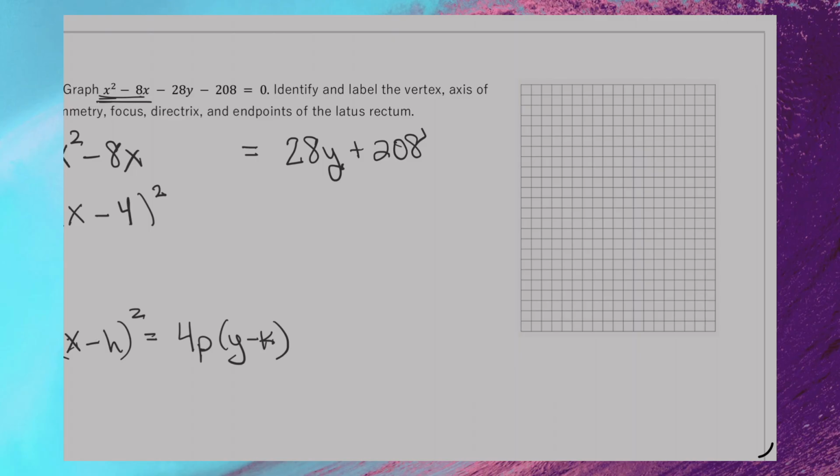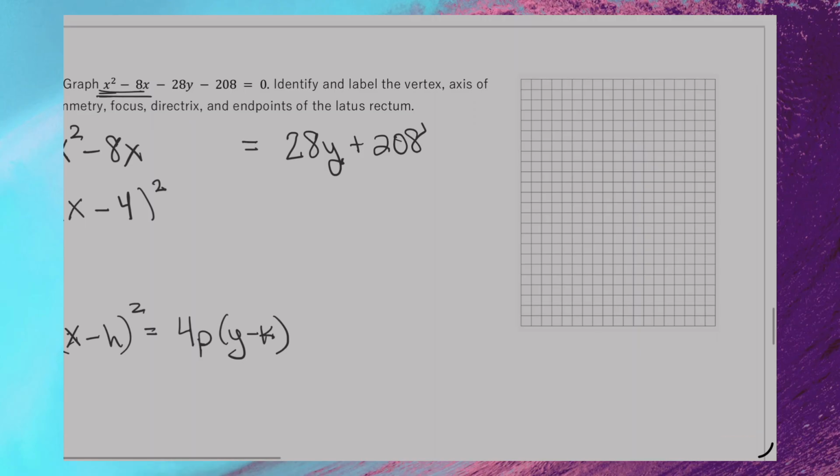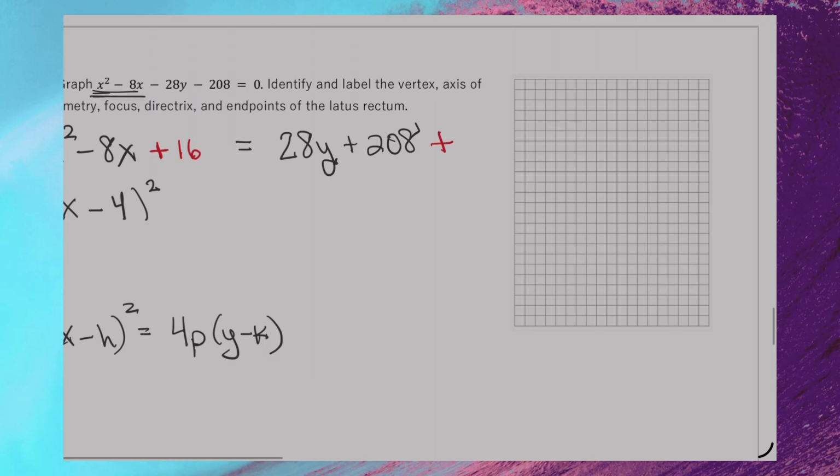So what does that mean? If you multiplied this all out, that means that up here we're missing a plus 16. So I'll add plus 16 to each side. That's the only way to keep my equation balanced. Which means on the right side I have 28y plus 224.